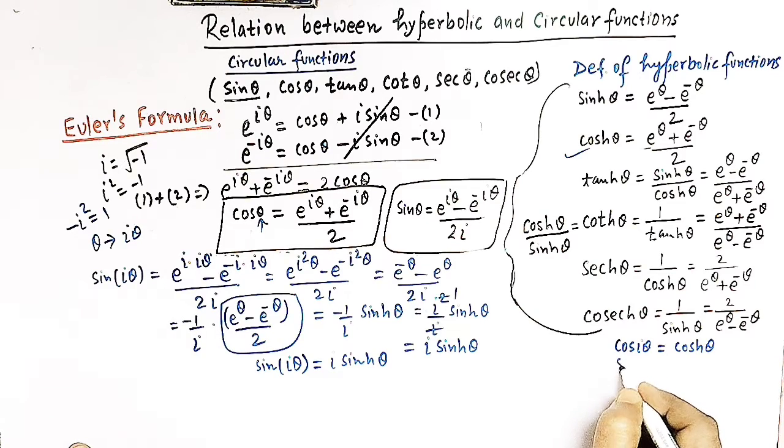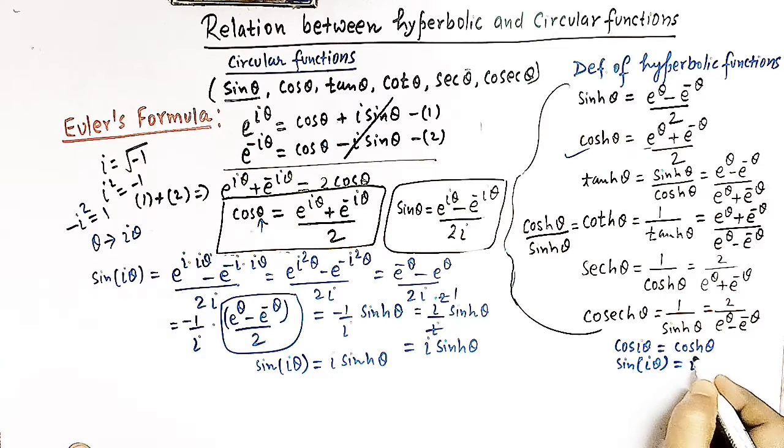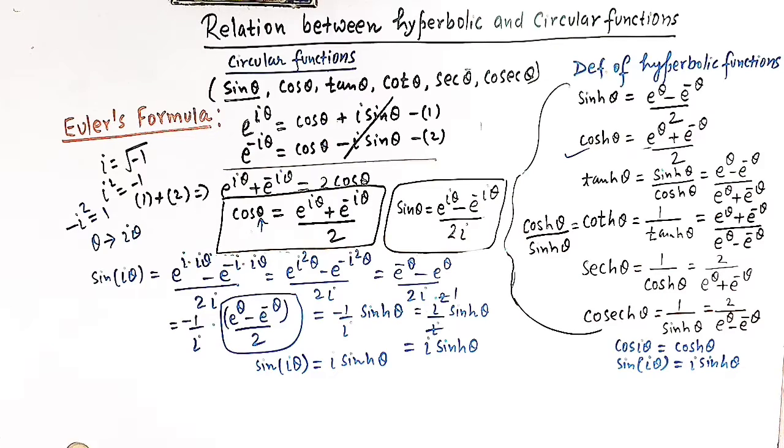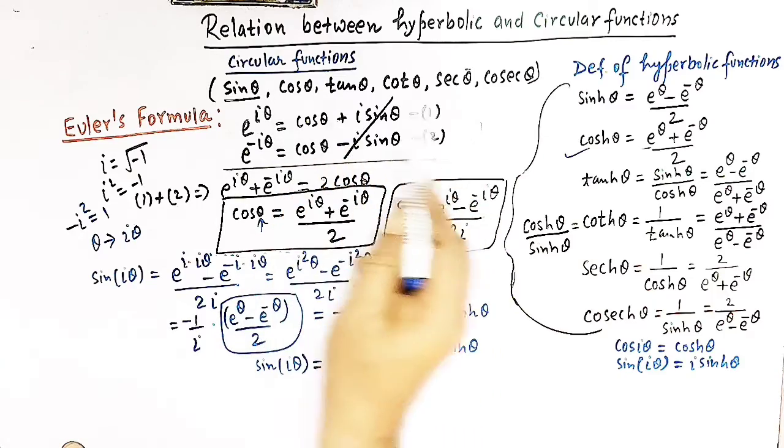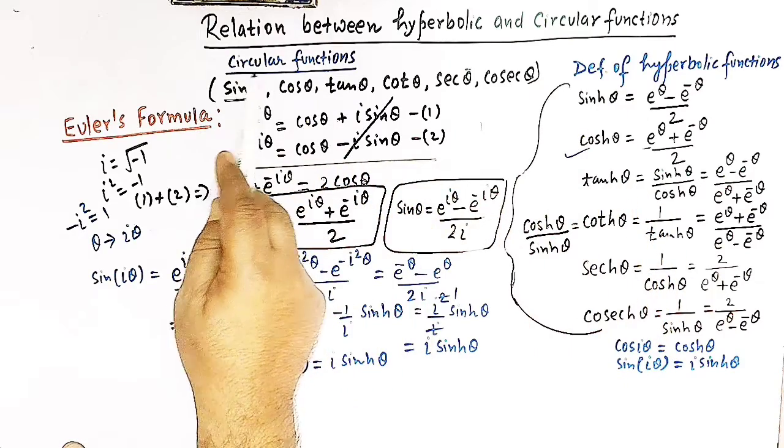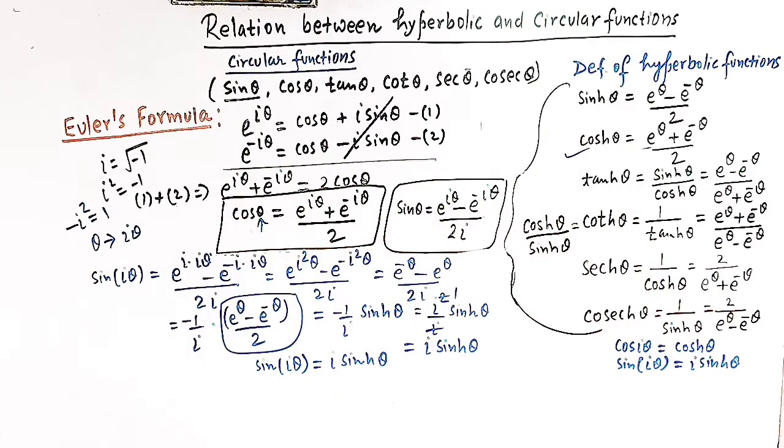So here we'll write this relation, sine of i theta is equal to i times the hyperbolic sine of theta. So this is the second relation between hyperbolic sine and the trigonometric sine.